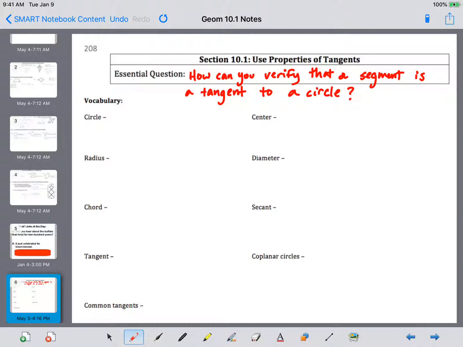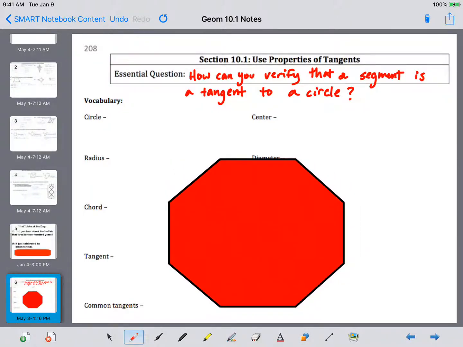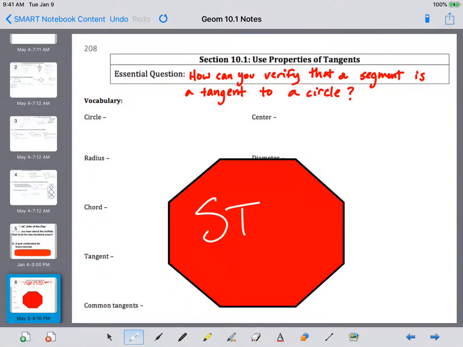I am not going to sit here and work through all of these. What I want you to do is actually stop what you're doing right now. So stop the video. If you have not done the vocab, there will be a link somewhere on this page.